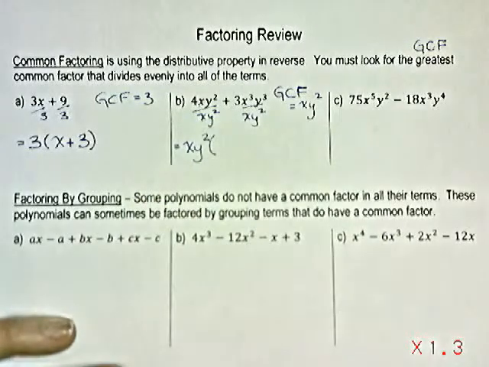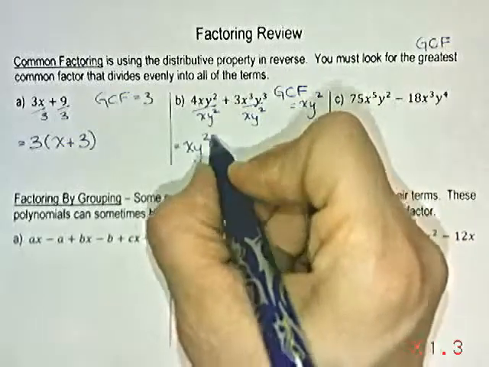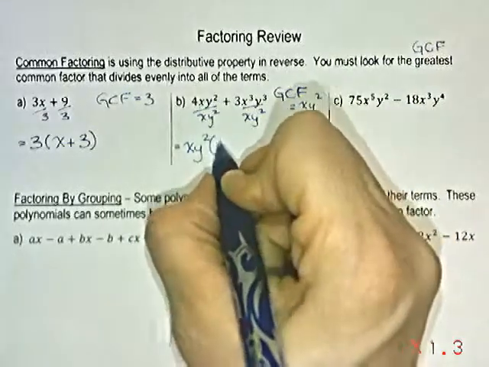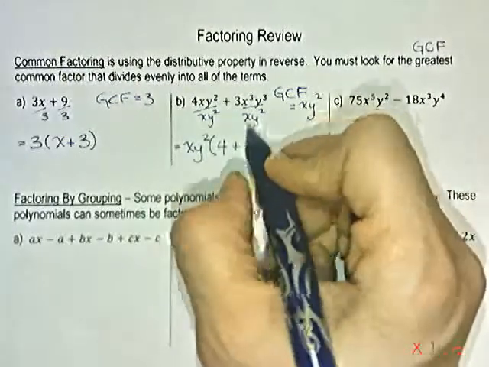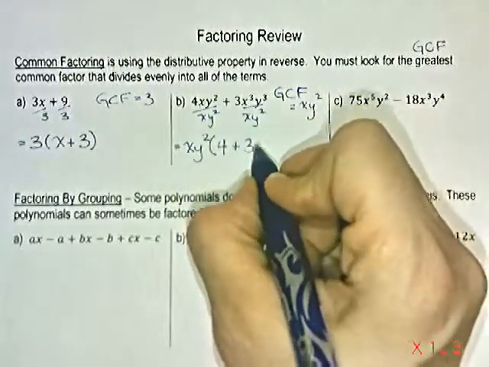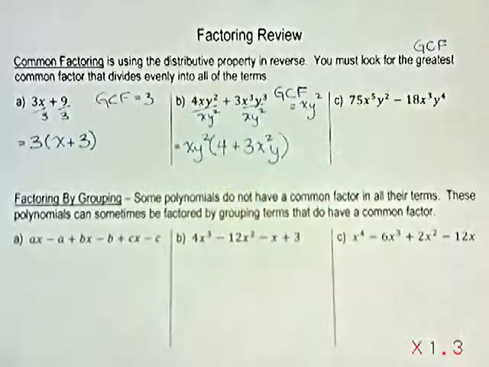If I divide that x and that y squared out of each of those, I am simply left with a 4 in front here, plus 3, and I will have 2 x's left over and a single y left over for a 4 plus 3xy combination at the end there.